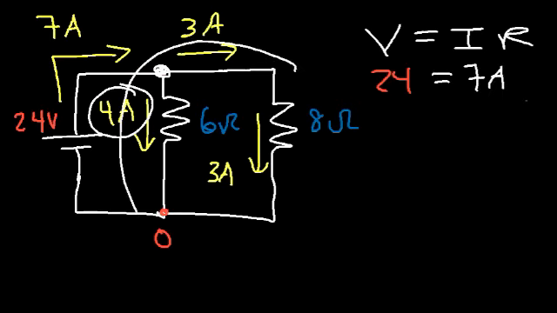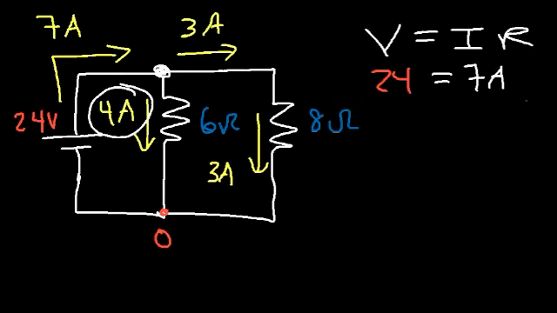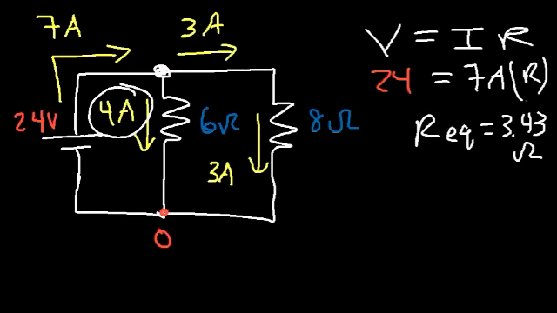So this network of resistors can be viewed as one equivalent resistance if you use the total voltage and the current that leaves the battery. So that equivalent resistance is basically 24 divided by 7, which as a decimal is about 3.43. So the equivalent resistance is about 3.43 ohms.